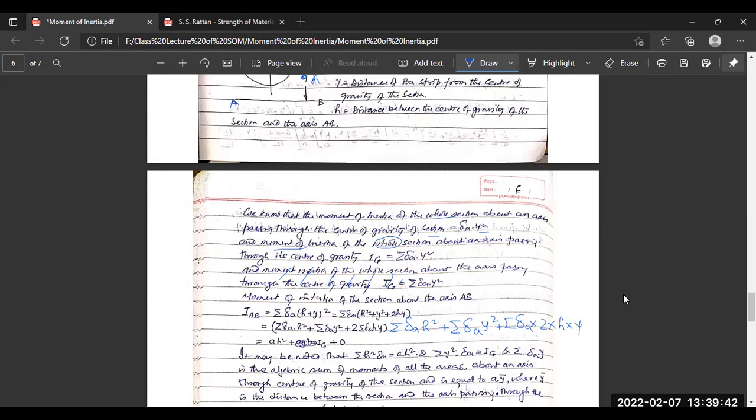So the first term is equal to A into H square. The second term is what we just proved to be IG.